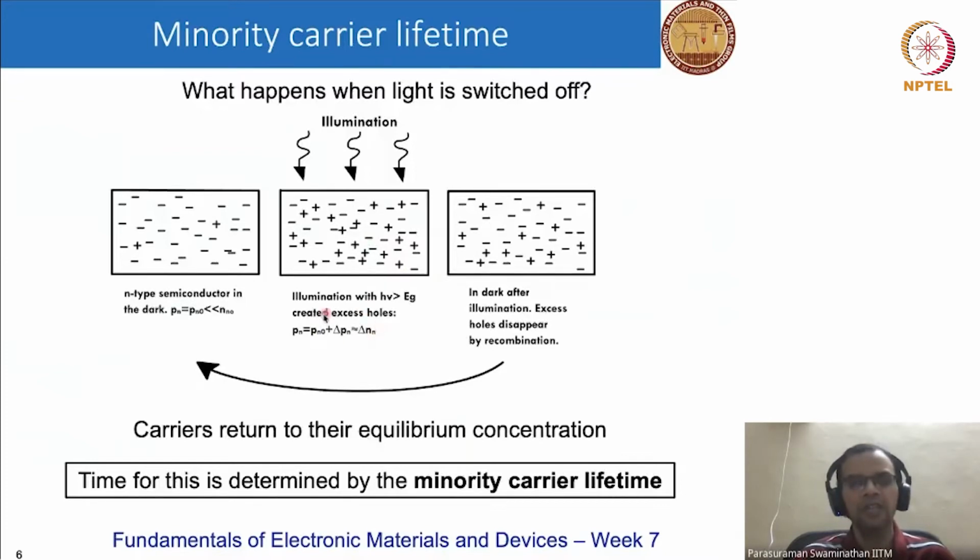We also said that this is weak illumination, which means we only look at the minority carriers. Once we turn the light off, all of these extra carriers tend to recombine and we go back to the original state. There is a finite time for this process to happen, and this is determined by the minority carrier lifetime in that semiconductor.